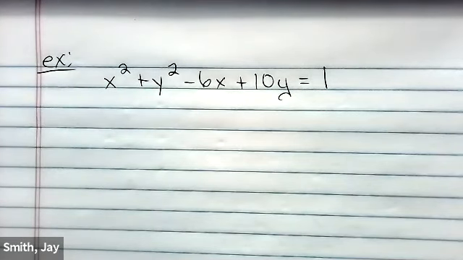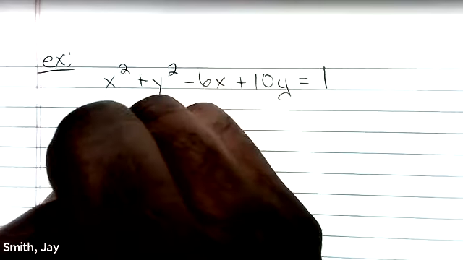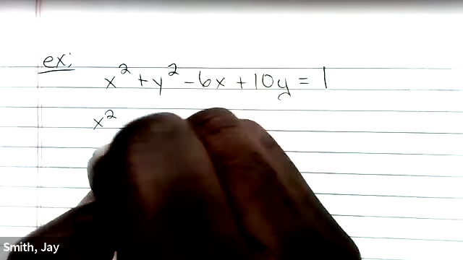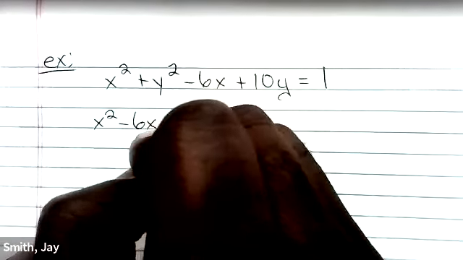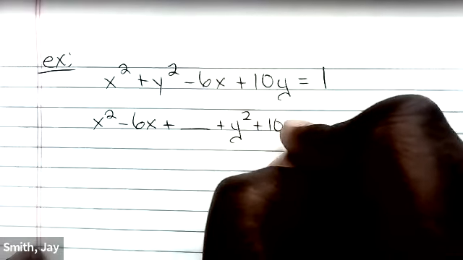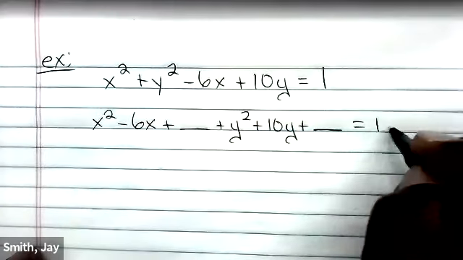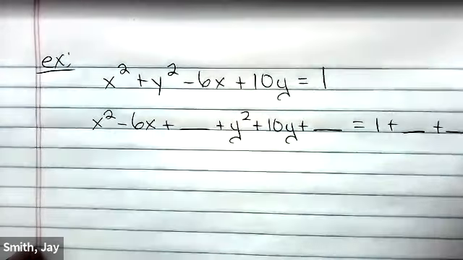All right, so our first step, we want to organize it so our x's and our y's are together. So I'm going to rewrite this as x squared minus 6x plus something, plus y squared plus 10y plus something, is equal to 1 plus those same two somethings.